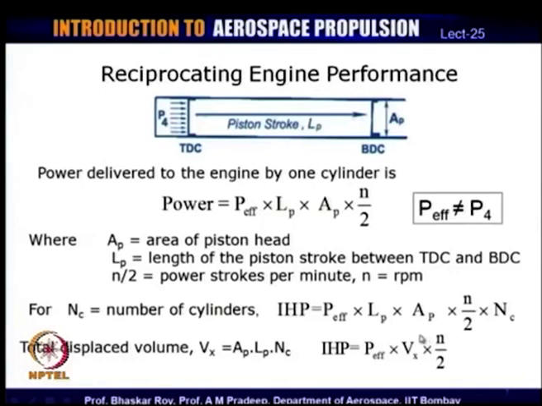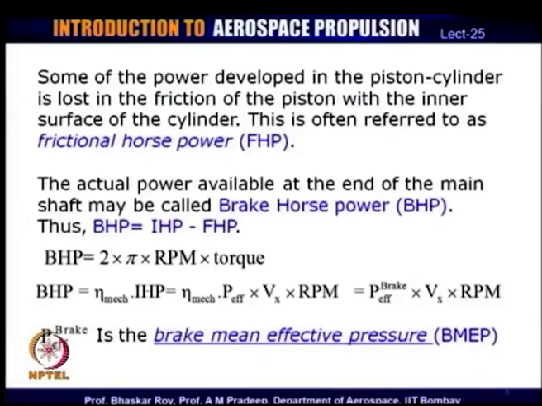So, that gives us an idea about the mechanical estimation of the indicated horsepower. As we know, we have earlier defined indicated horsepower from the thermodynamic cycle diagram. Now, we can have an estimation of that purely from the piston and cylinder configuration point of view.